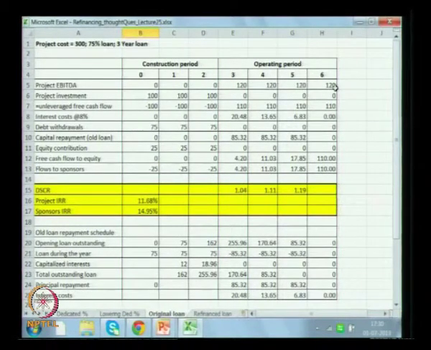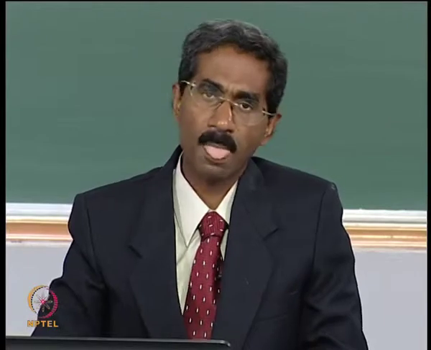Remember, this is a very simplistic example, and therefore we have assumed the project EBITDA to be uniform in all the 4 years. But in reality, in projects you may not find instances where the project EBITDA is the same for each of the operating years.